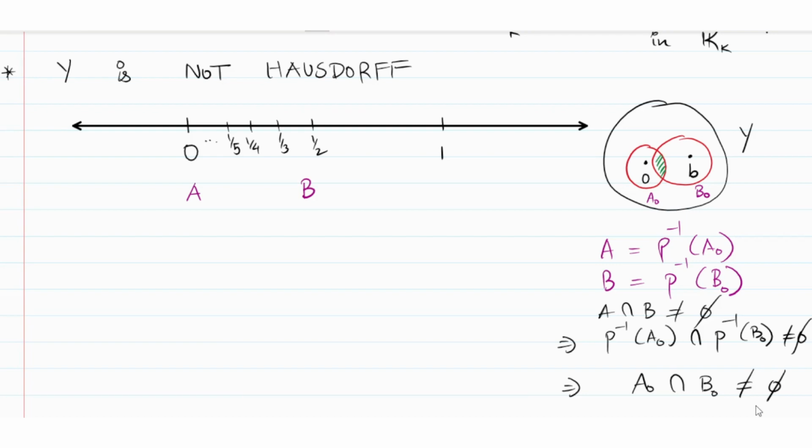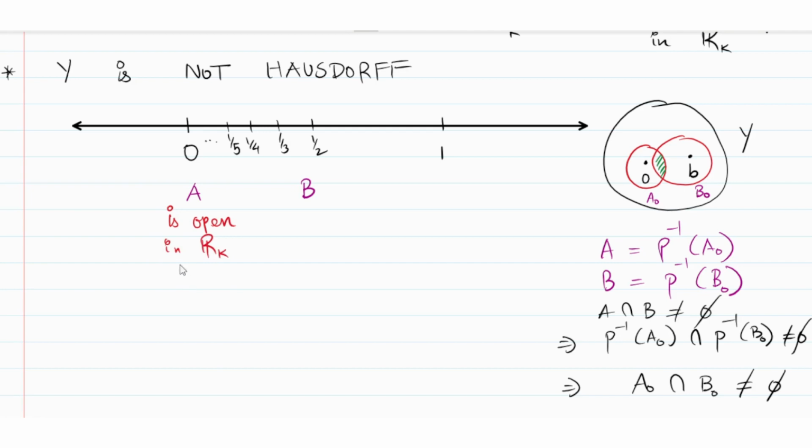So how will I prove that A intersection B is not equal to phi? Let's see what is the form of A. I know that A is open, right? Because A0 is open in Y, which means A is open in Rk.